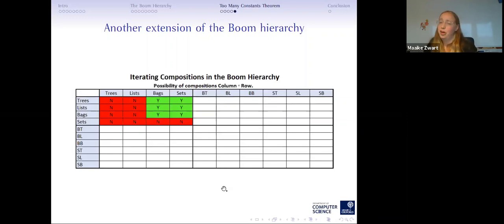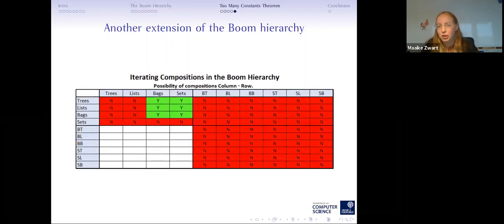And because the Bohm hierarchy has really nicely behaved monads, they all satisfy my theorem. And so none of those have a distributive law according to my too many constants theorem. It just immediately rules out any composition in that part of the table. So that's quite powerful for such a cute little theorem.